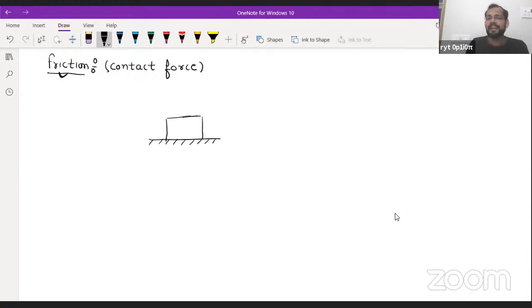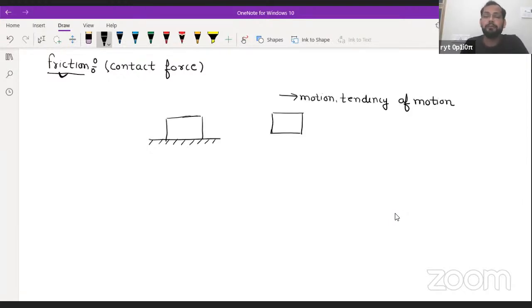So friction is defined as a force. Now what is the first term? When a body either is in motion or has the tendency of motion. This is important also, because if the body is only at rest and does not have the tendency of motion, then there will be no friction.